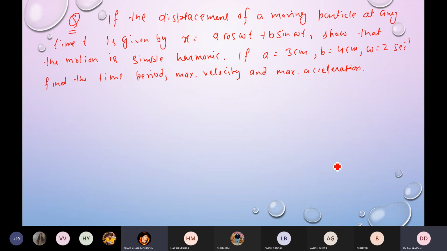Yes, maximum acceleration is 20 centimeter per second square. Great. So, how many of you came to this solution? Okay, no issue. Take your time. You have 2-3 minutes more.